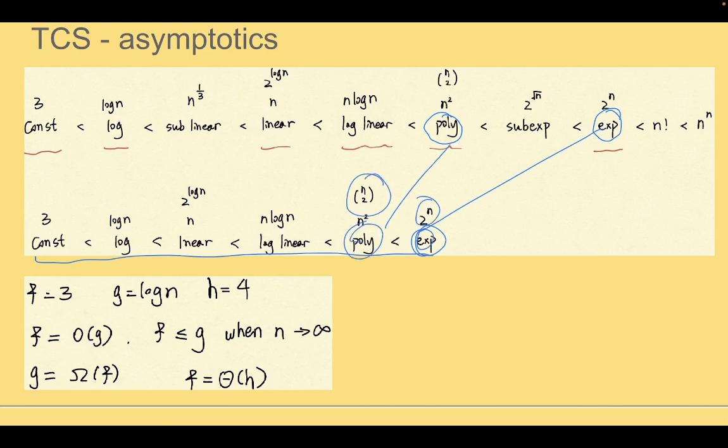These are some concrete examples, and there's something called log linear. It's log n, right? And linear is n, and log n and the constant.